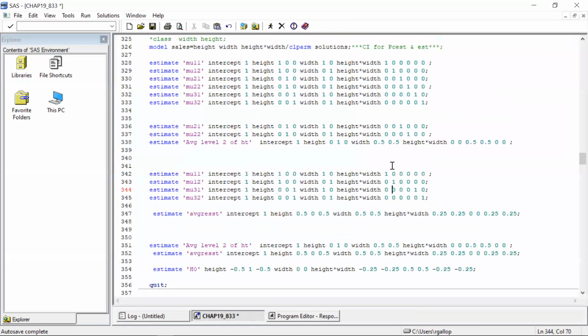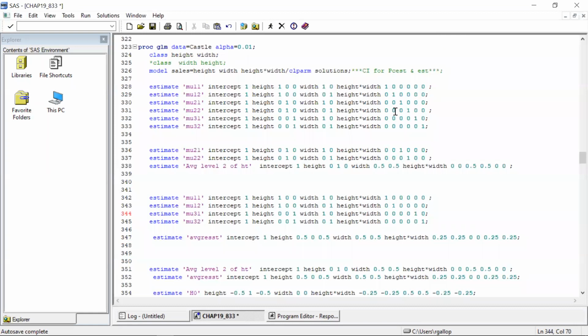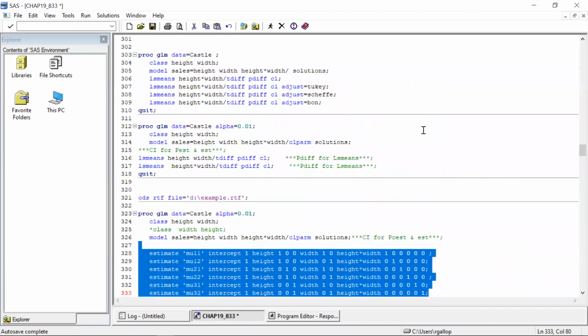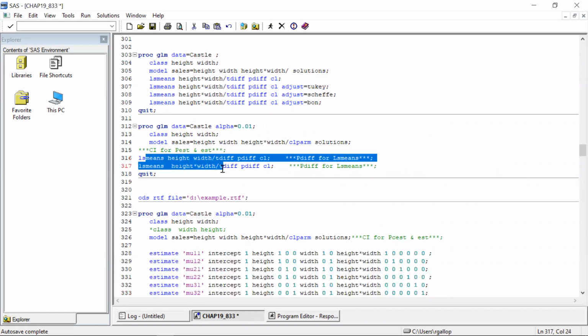The only thing we need to be aware of is we need to get this right. Once we get these cell means, then it's nothing more than adding coordinate-wise. If you're wondering whether these cell means are correct, you lean on the LS means that contain the interaction to make sure the cell means are matching your estimates.